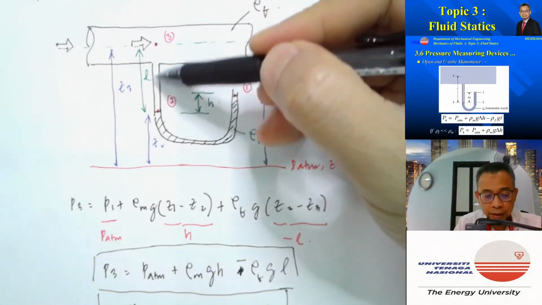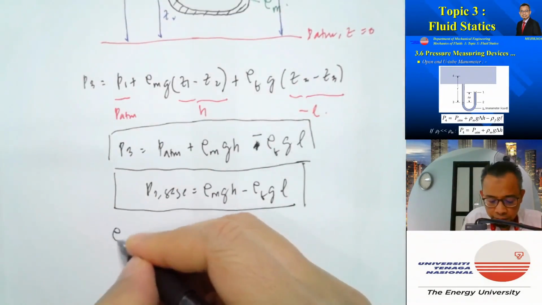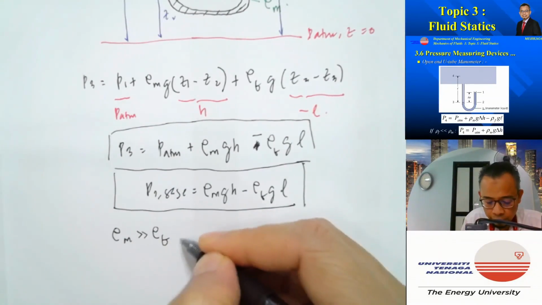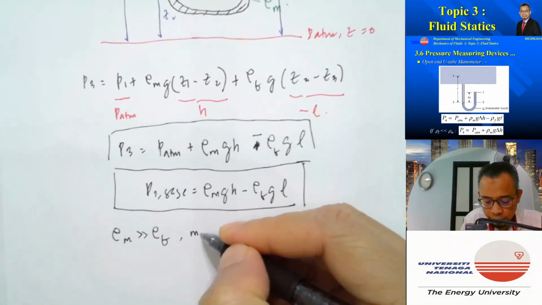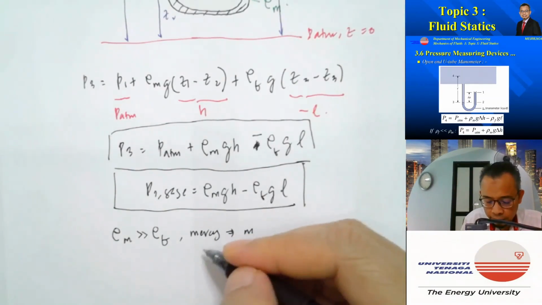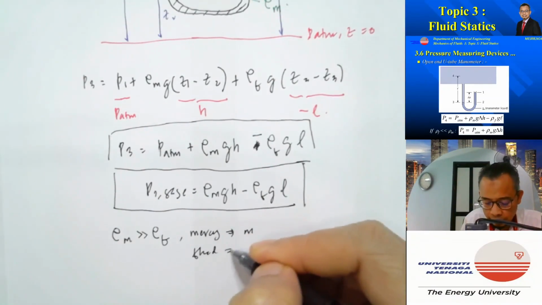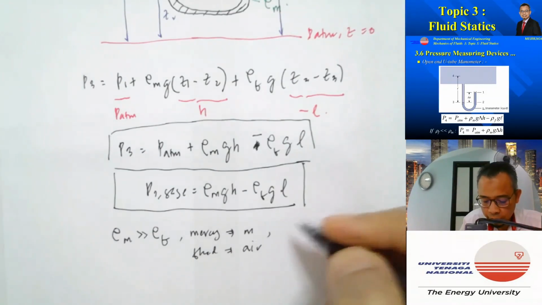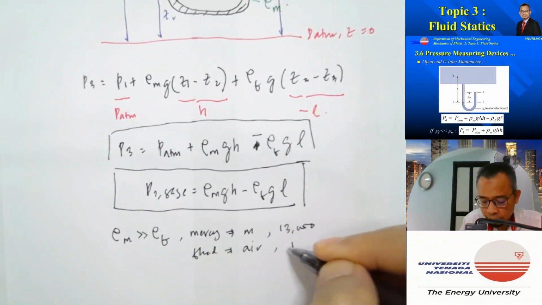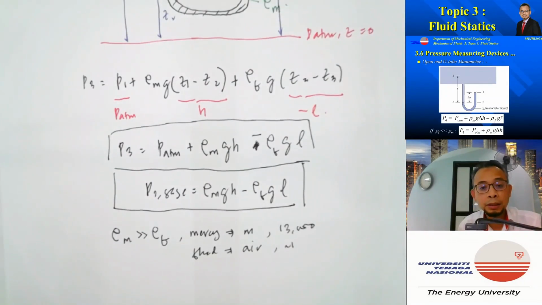Right. Okay. So we can obtain the gauge pressure in the pipe here, which is just equal to rho M g H minus rho F g L. Okay. But let's say rho M is a lot bigger than rho fluid. For example, we are using mercury for M, and then for the fluid, it's just air. So you're talking about a density of 13,000 compared to about 1, right? So 13,000 times bigger.